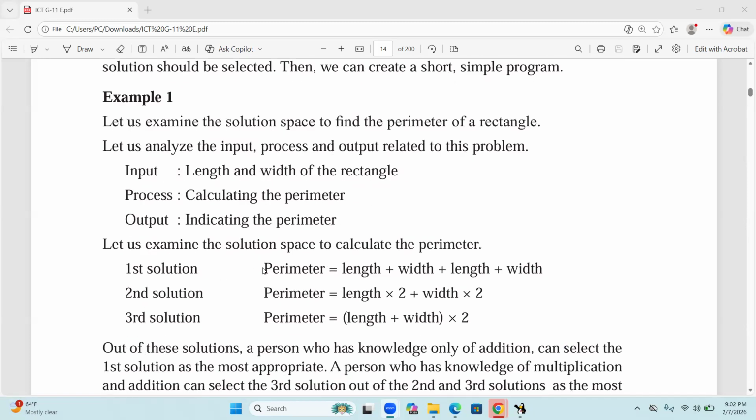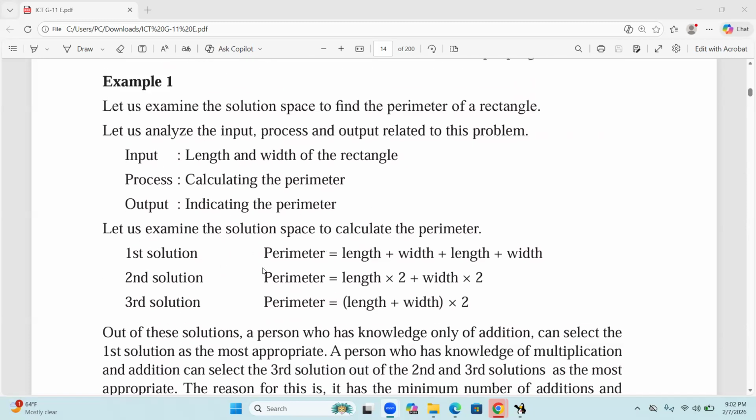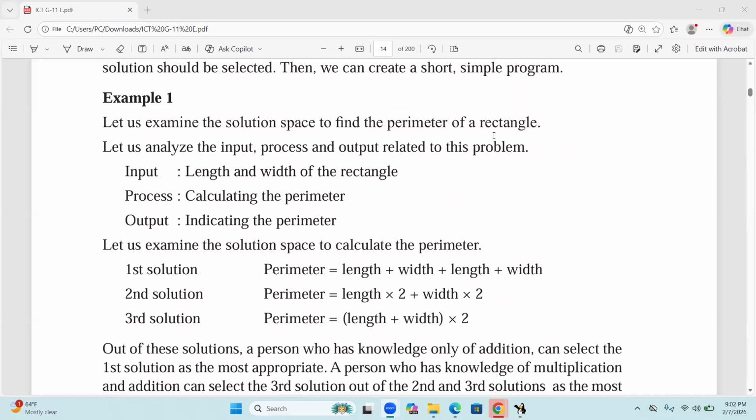So here there is an example. This is to find the perimeter of a rectangle. So the input for this problem is the length and width of the rectangle. Then the process is calculating the perimeter.